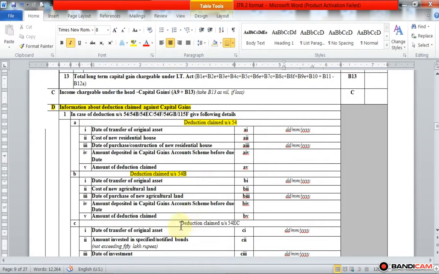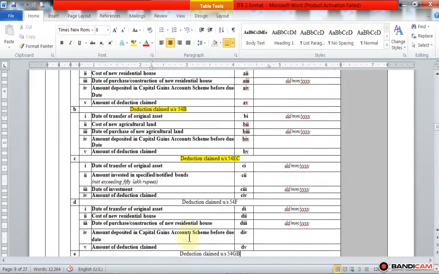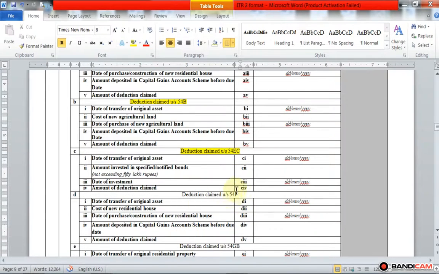Same here, the assessee will claim a deduction under section 54EC, then they will furnish the information in column C. Next, if the assessee claims a deduction under section 54F, then they will furnish the information in column D. Got it?